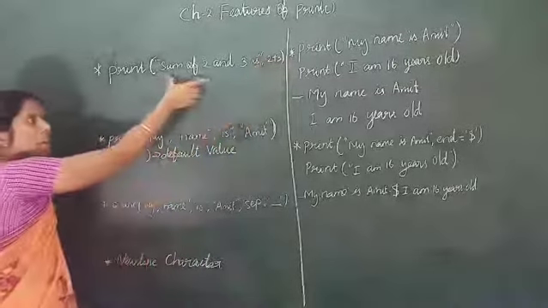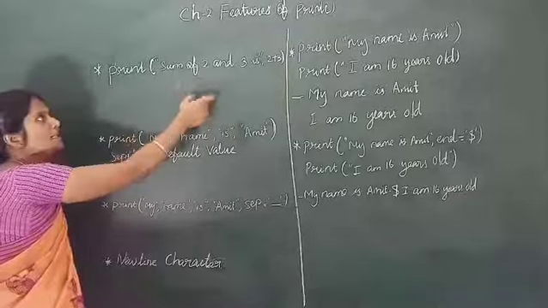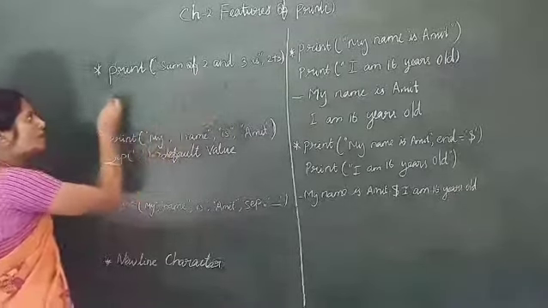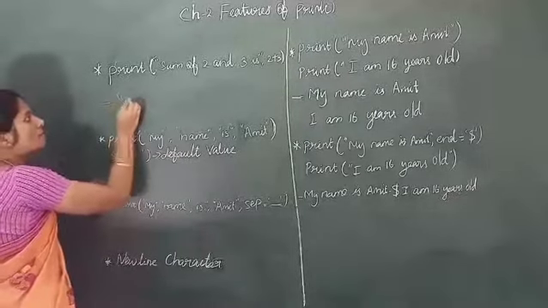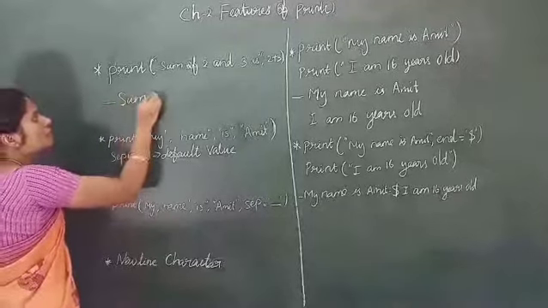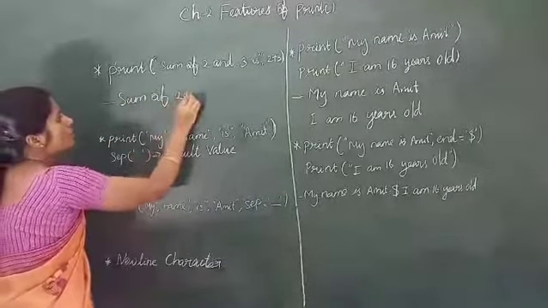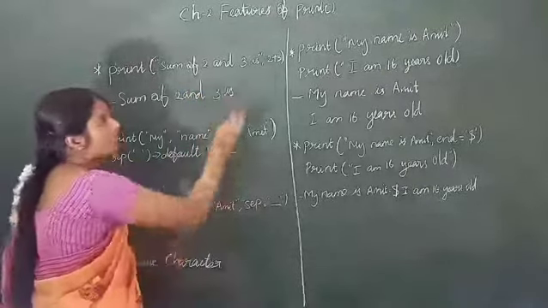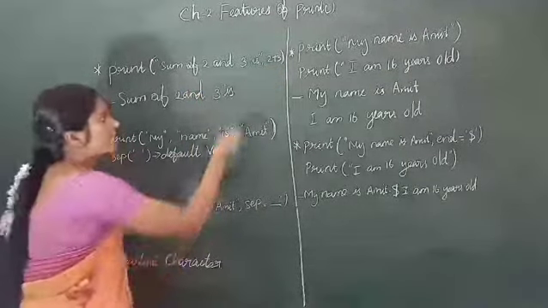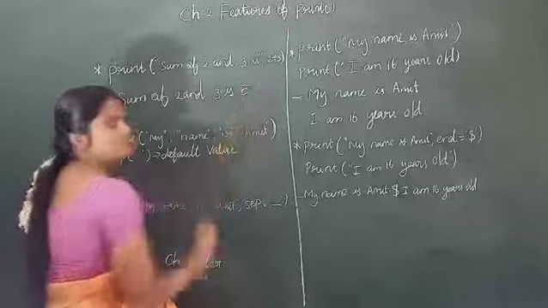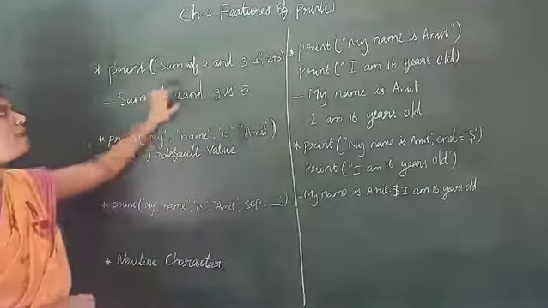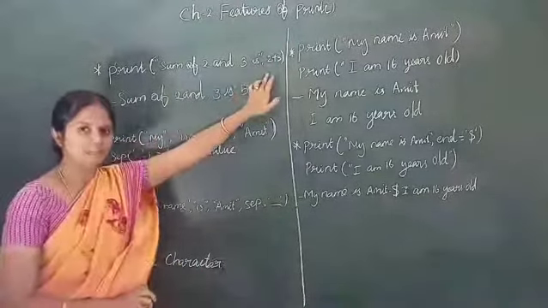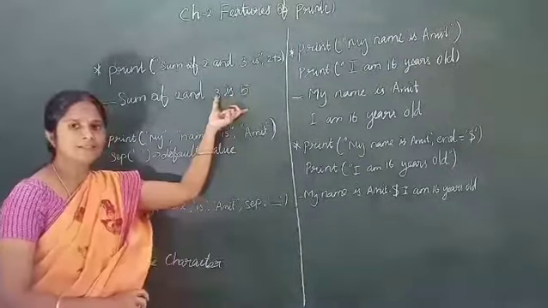What we have given in string format is sum of 2 and 3, so it will print the result: sum of 2 and 3 is, and what is the value of 2 plus 3? 5. So it will evaluate the numeric expression and print the result.